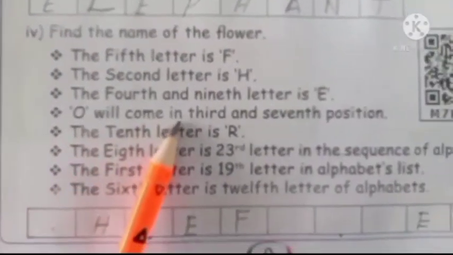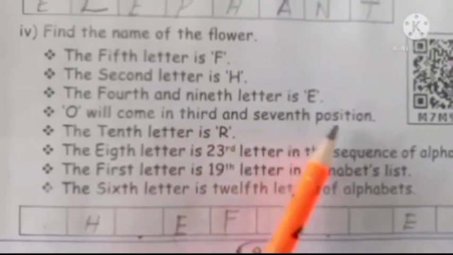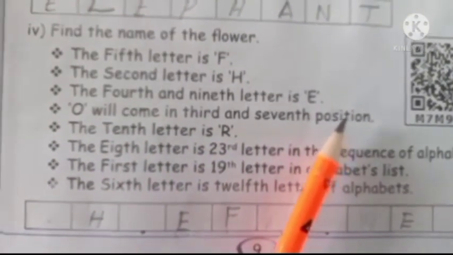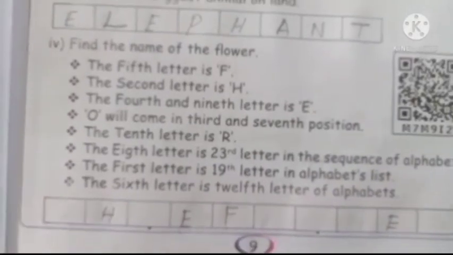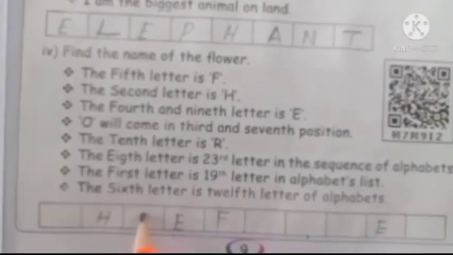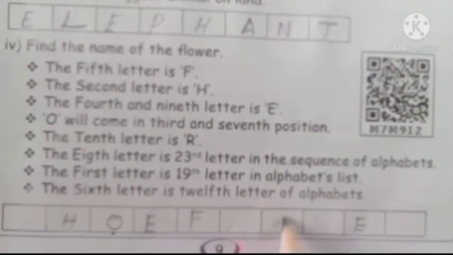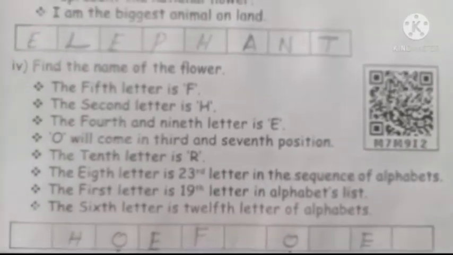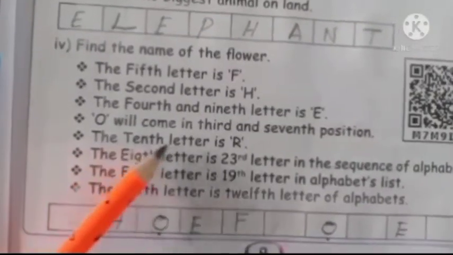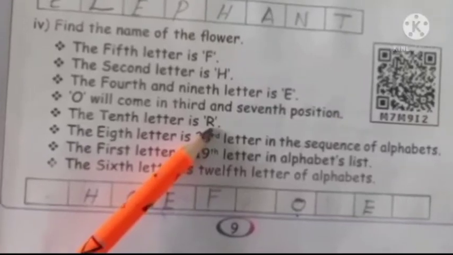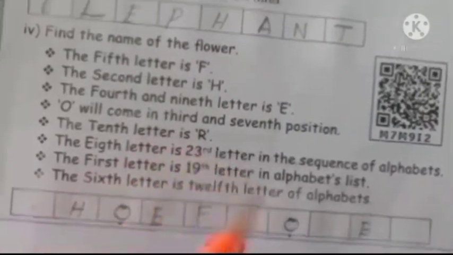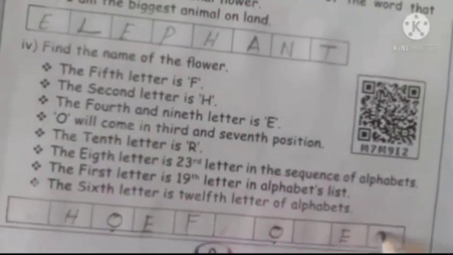O will come in third and seventh position. Children, we have to write O in third and seventh place. The 10th letter is R. Children, we have to write R in 10th place.